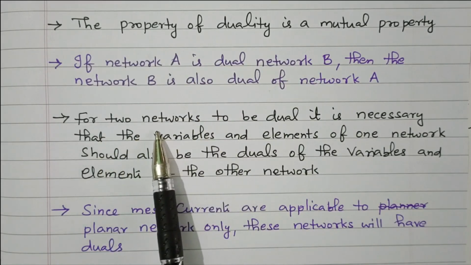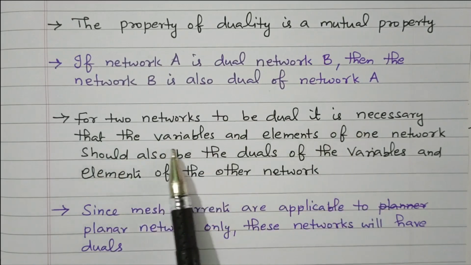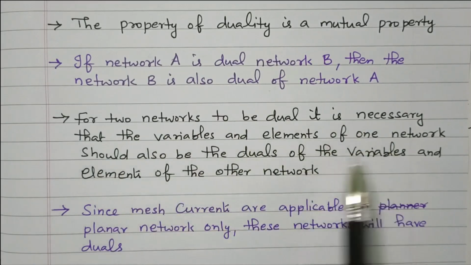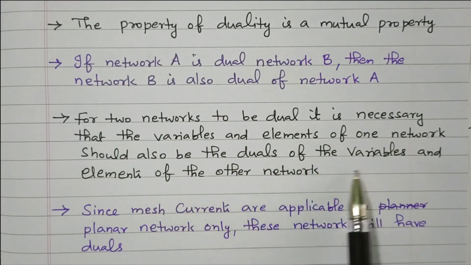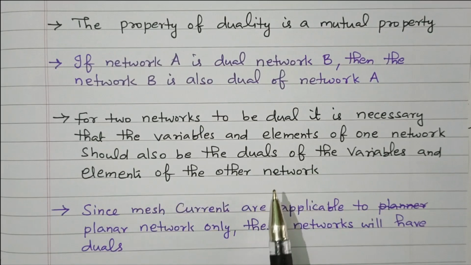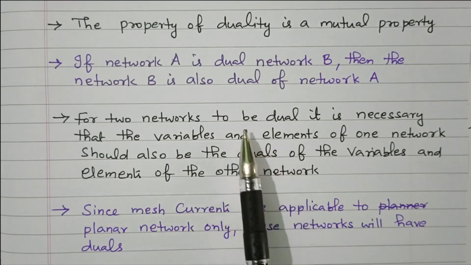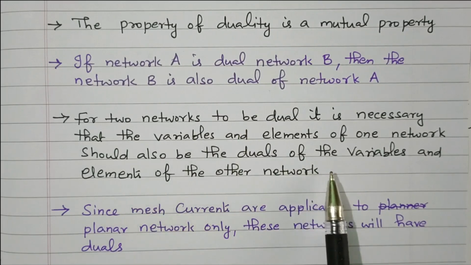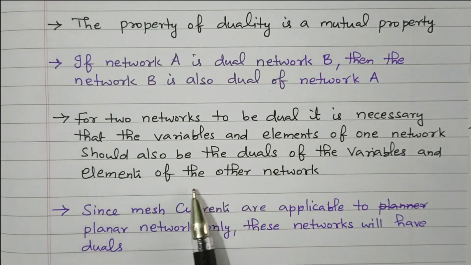For two networks to be dual, it is necessary that the variables and elements of one network should be the dual of the variables and elements of the other network, right? So whatever variables and elements are available in the first network should be the dual of all the variables and elements in the other network.